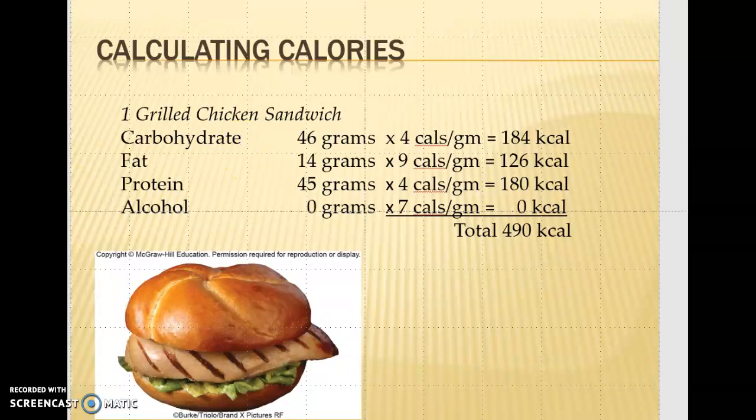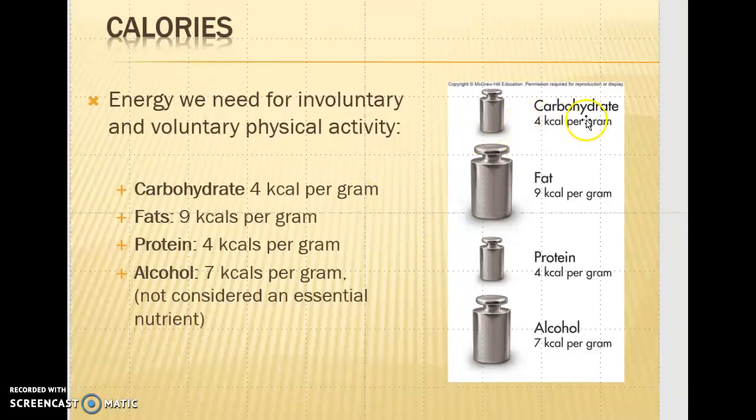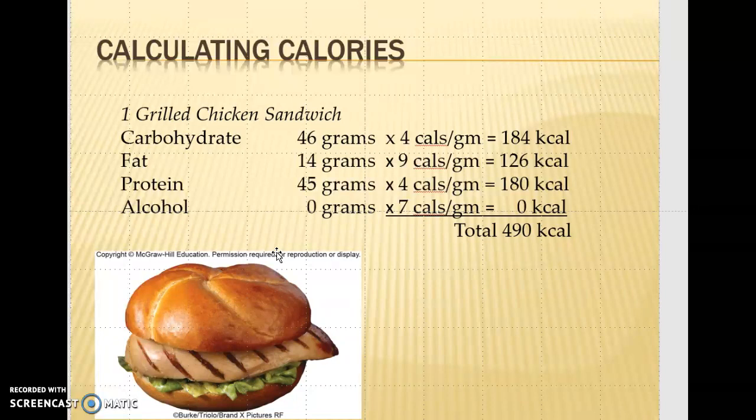The reason you know this is because every gram of carbohydrate is 4 calories. The same with protein. Every gram of protein, 4 calories. Fat's more than twice that. Alcohol's almost twice that of protein and carbohydrate. So as long as you know these numbers, 4, 9, 4, you can calculate the calories because there are no calories in vitamins and minerals. So this hamburger came out to 490 calories. You simply take the grams times the calories per gram. That cancels the grams, and then you end up with just calories.